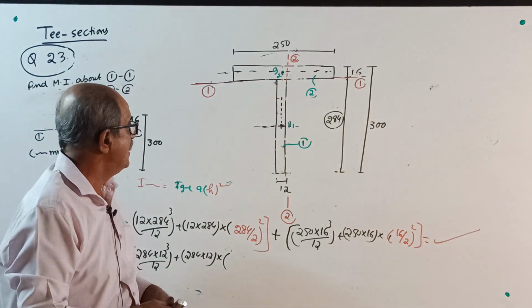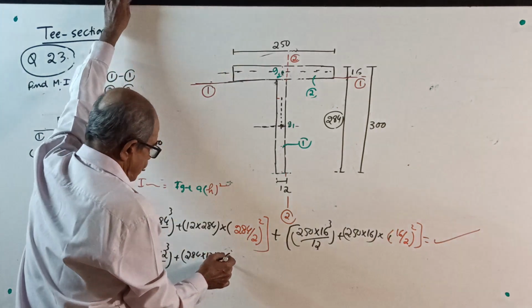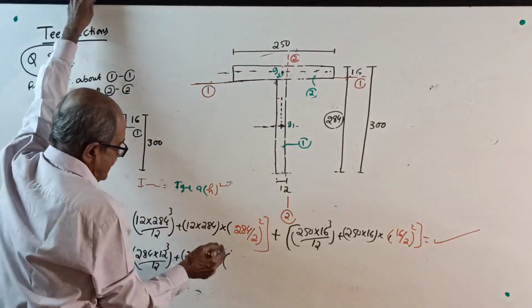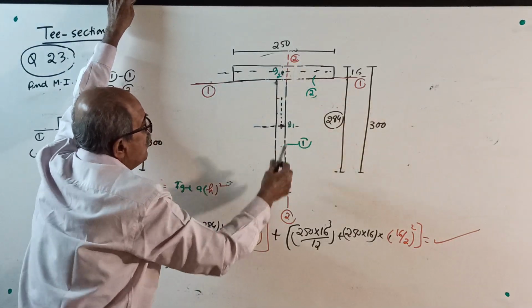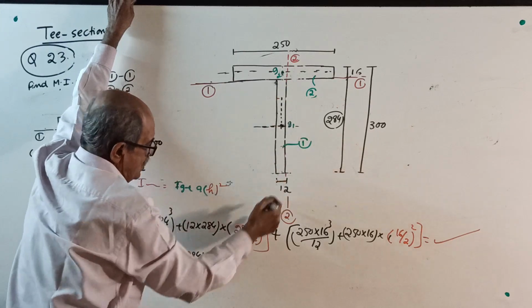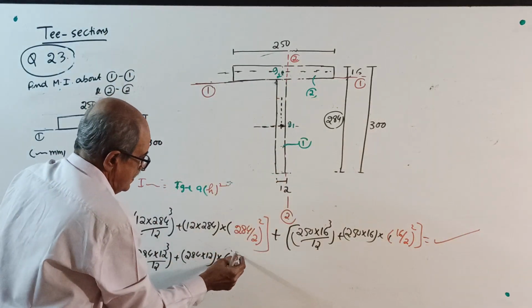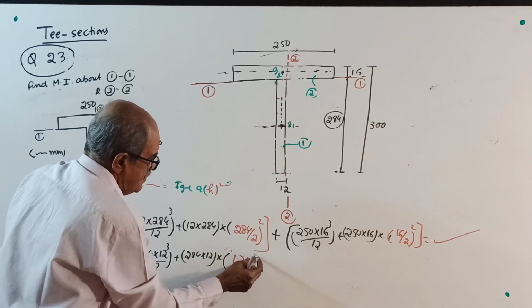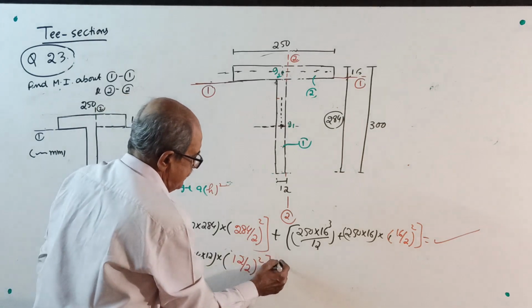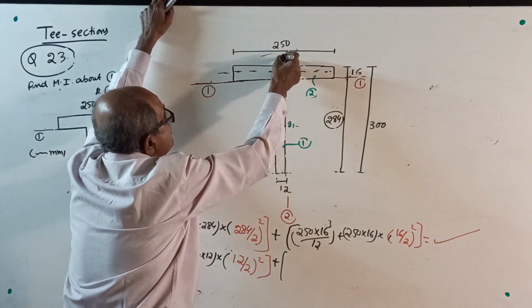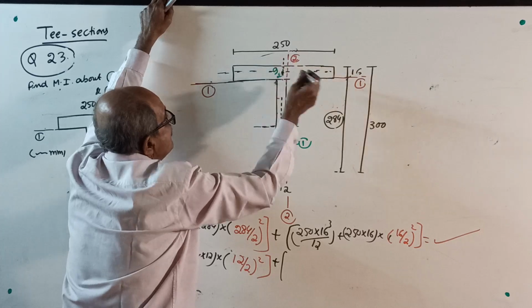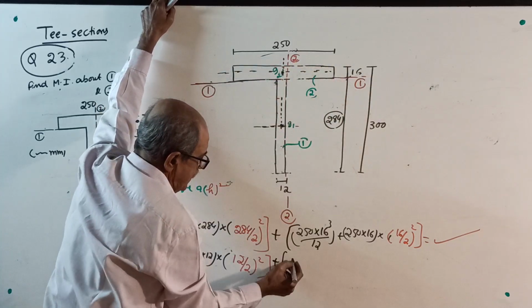I forgot the question number, I'll check it. About 2-2 they want, this distance squared, 12 by 2 square, over. Next you should be careful. Okay, start, plus. I about 2-2 they want. First about its own axis, that is 16 into 250 cube by 12.